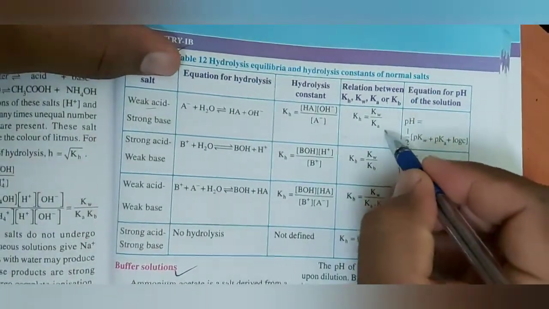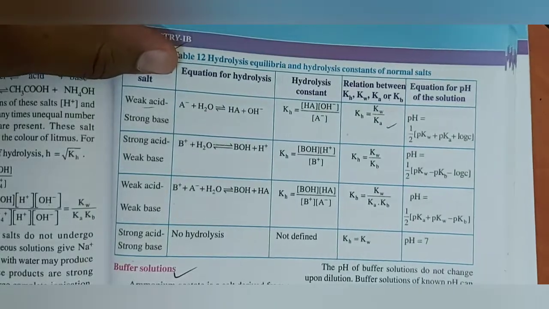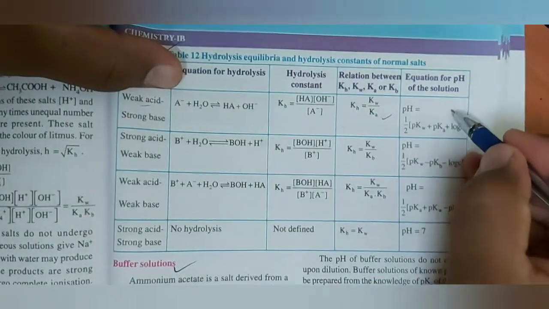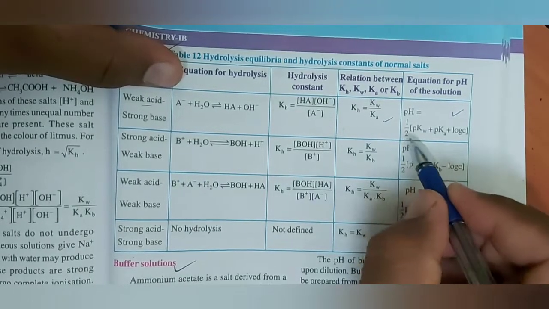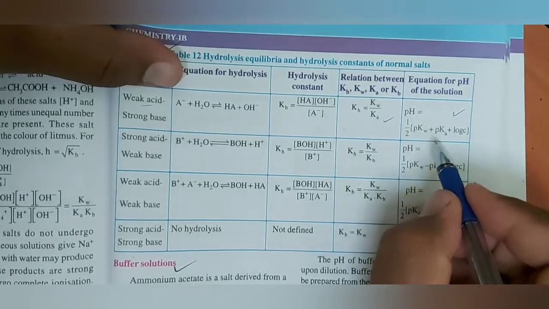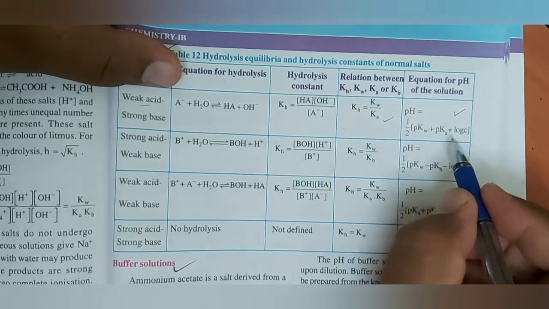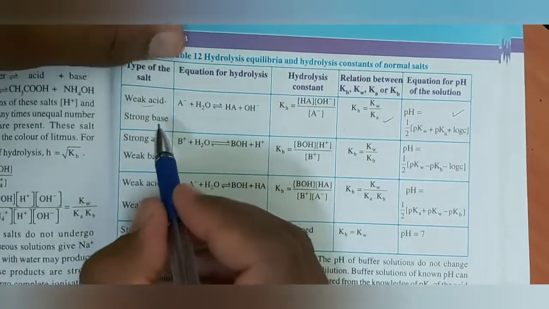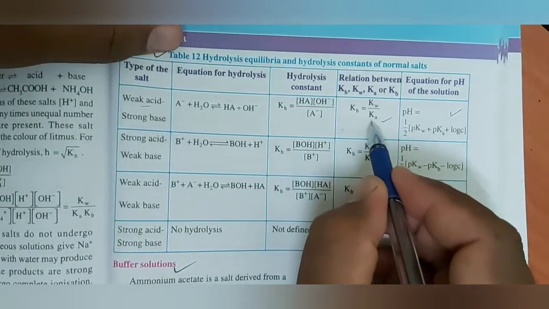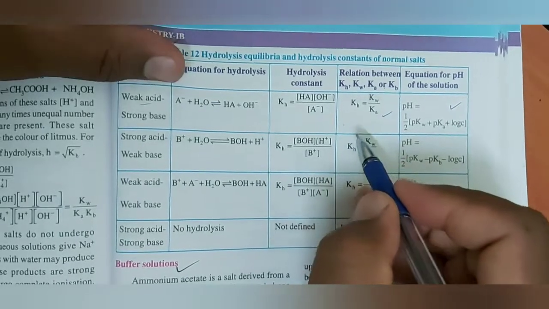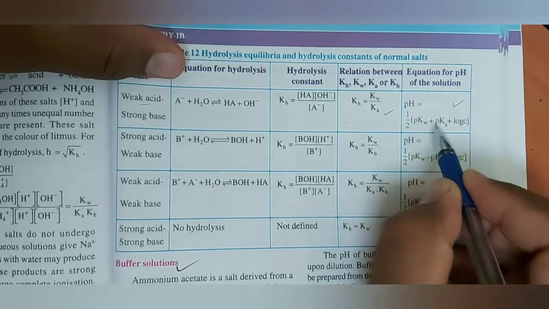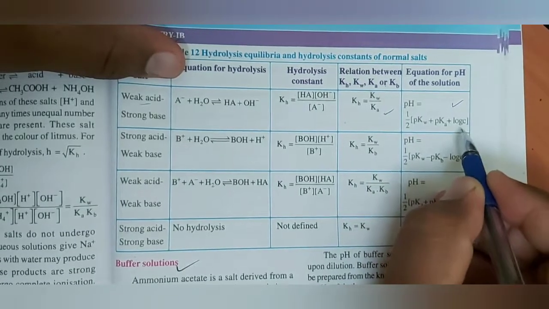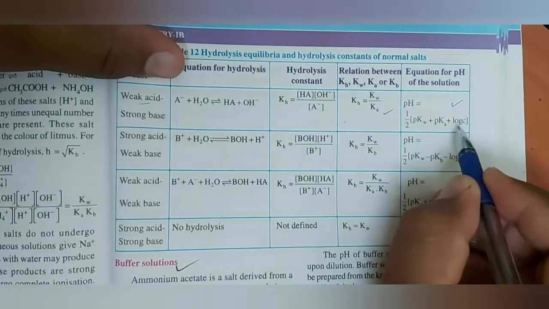These are very important, man. Kh is equal to Kw by Ka, and the pH formula is also very important. pH is equal to 1 by 2 into pKw plus pKa plus log C. See, here we got Ka in the denominator, correct? So here also 1 by 2 into pKw plus pKa plus log C. Extra logs we are going to add.